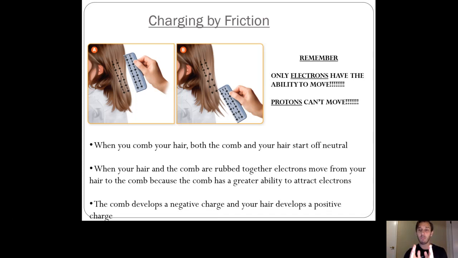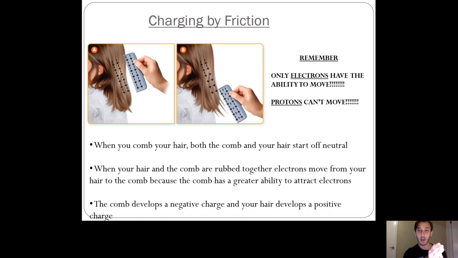So go into diagram B, just take a second and count how many negatives and positives are in the hair and how many negatives and positives are in the comb. What you're going to find is that there are less negatives in the hair than positives. And on the comb, there are more minus signs than plus signs. And that's because the hair has lost some of its electrons to the comb.